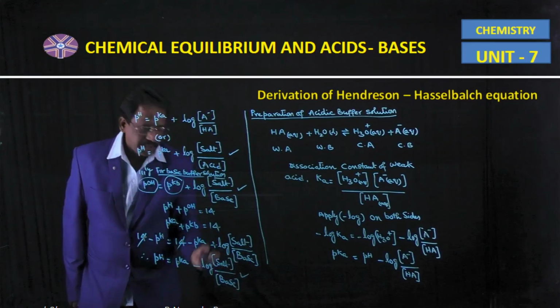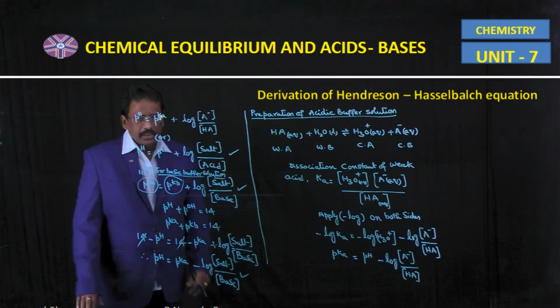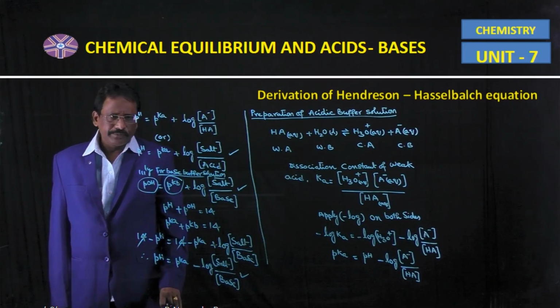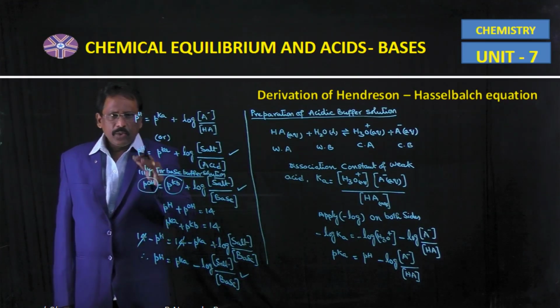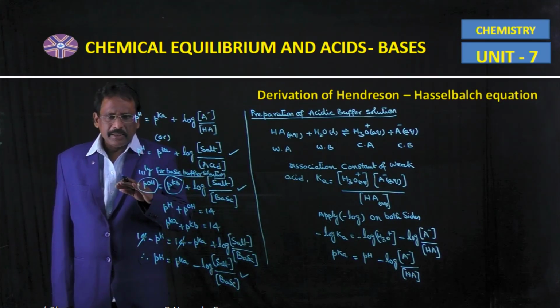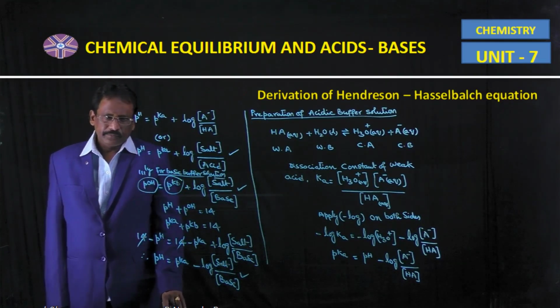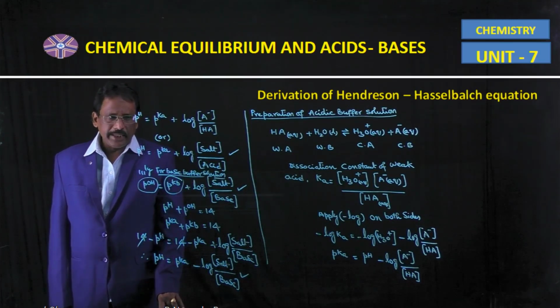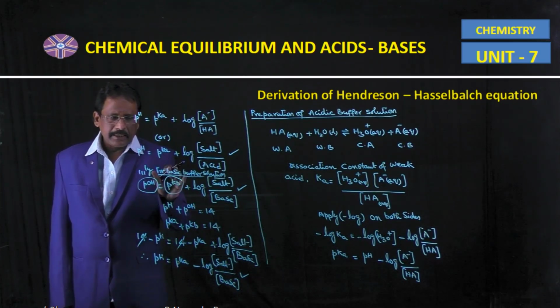So these are the three different formulas. This formula is applicable for an acidic buffer solution. Any acidic buffer solution contains a weak acid and its salt of a strong base, and any basic buffer solution contains a weak base and its salt of a strong acid.